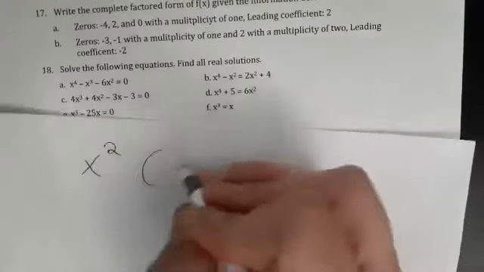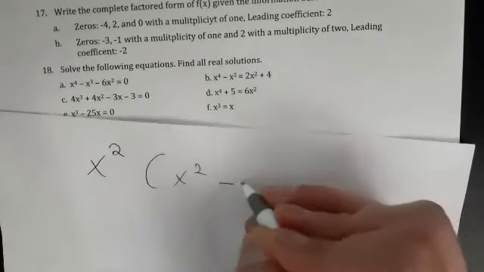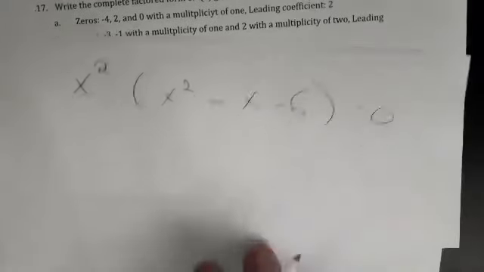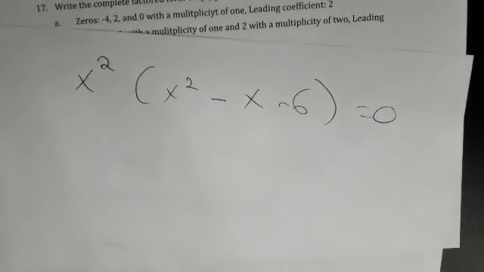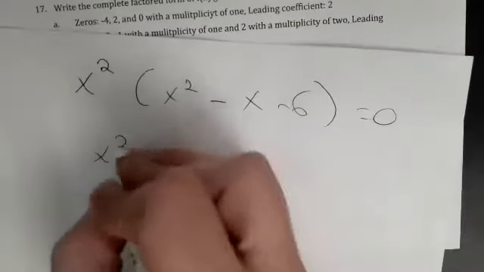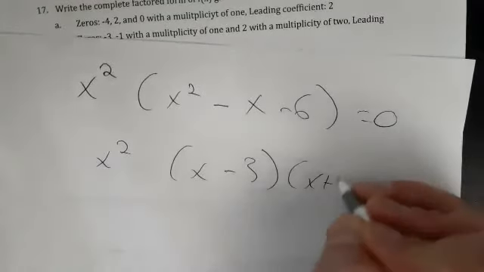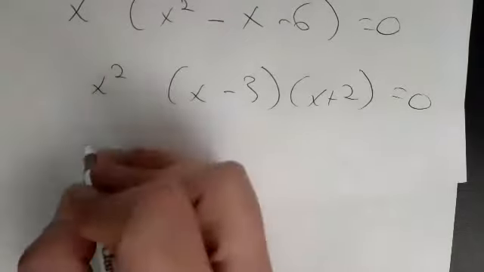Yeah, it should be x squared. If we do that, it gets everything down, right? x squared minus x minus 6. And then we can factor this thing. Was that minus 3 plus 2? We got an x squared, we got x plus 2. And so we should be getting a few different solutions.